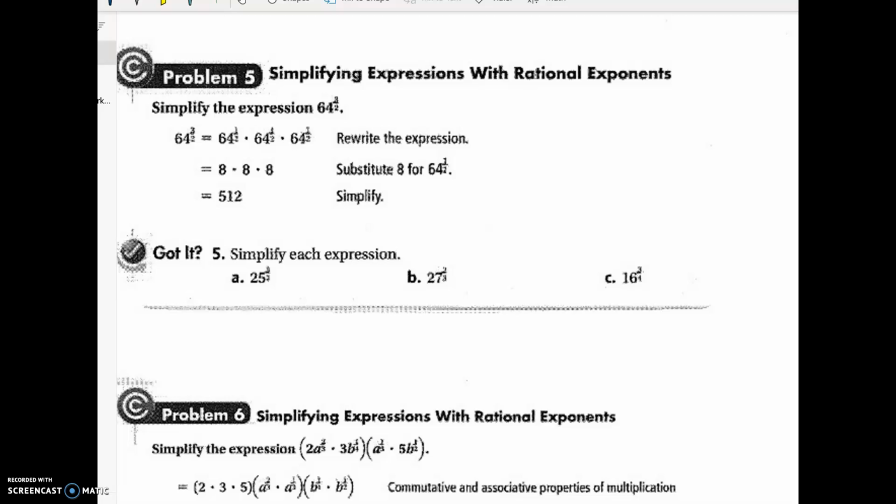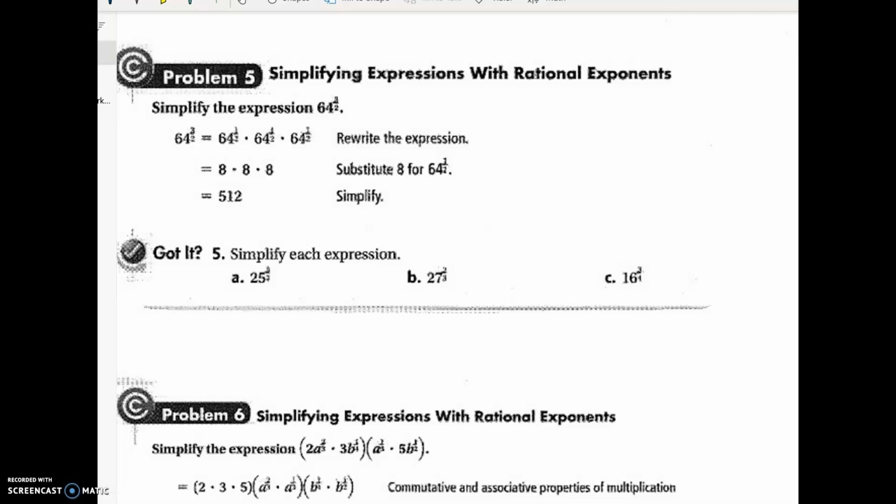Example 5 wants us to simplify with a rational exponent, or a fraction as our exponent. When the value in your numerator is something other than 1, that value tells you how many times you have to multiply.